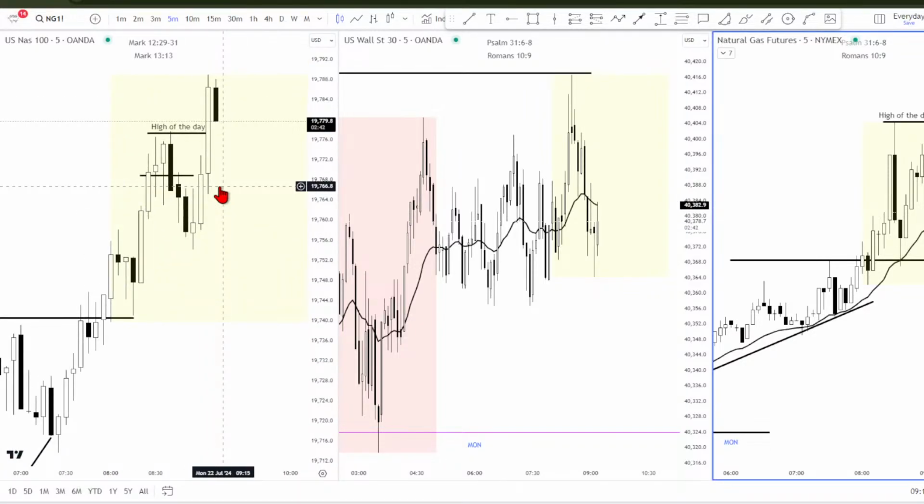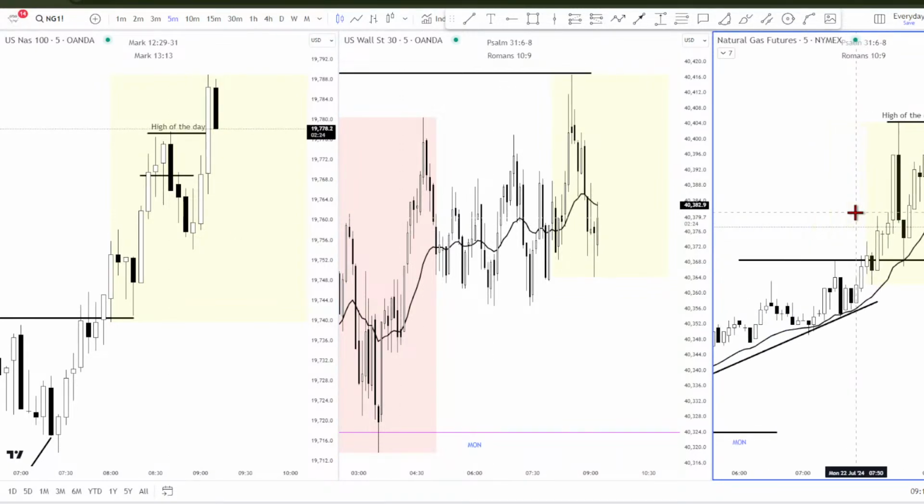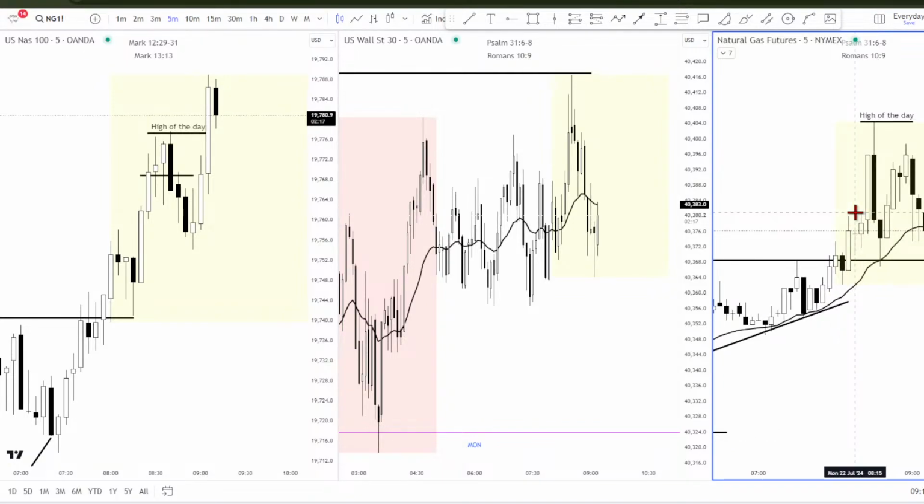No engulfment back down. $9.12. We've got 3 minutes to a new 15-minute bar, and more time than that to the New York Open.